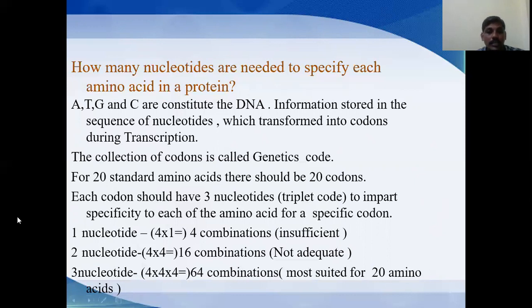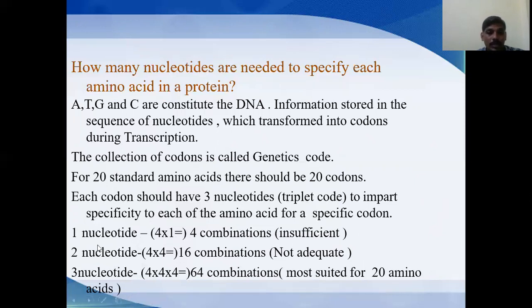Geneticists explained how many nucleotides specify an amino acid. If one nucleotide specifies an amino acid, there are total 4 nucleotides, so 4 into 1, 4 combinations. These 4 combinations recognize only 4 amino acids. That's why this information is insufficient to identify all the amino acids.